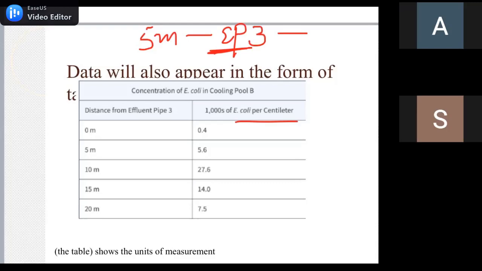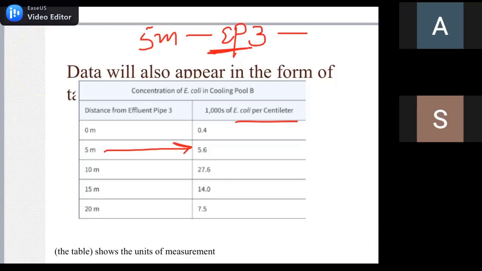It would be 5,600, right? It's very simple. So 5 meters corresponds to what value? 5.6. That means there are 5.6 thousand E. coli per centiliter, right? This is pretty simple.